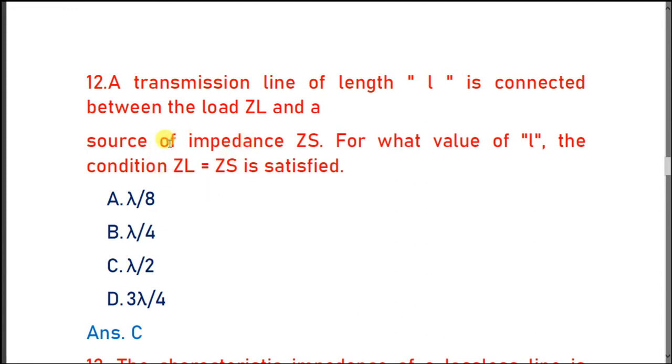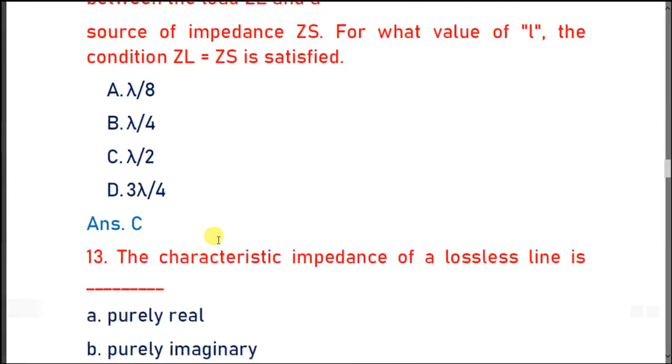So here both are the same. So what is the value of L? This is the characteristic of a lambda by 2 transmission line, a half wave transmission line, in which ZL and ZS are the same and the maximum power is transferred from source to load. So what is the value of L? That is equal to lambda by 2, that is answer C. It is a half wavelength transmission line. So the answer is C. Okay.